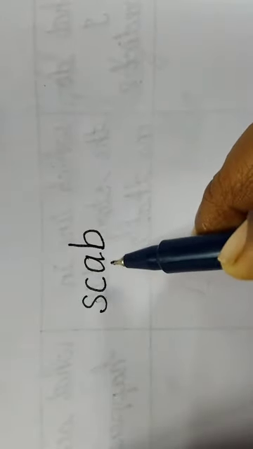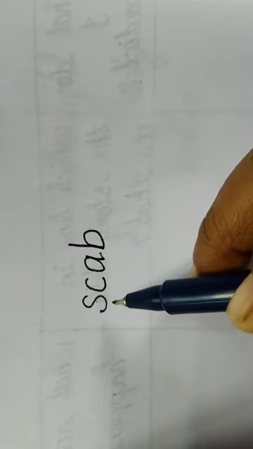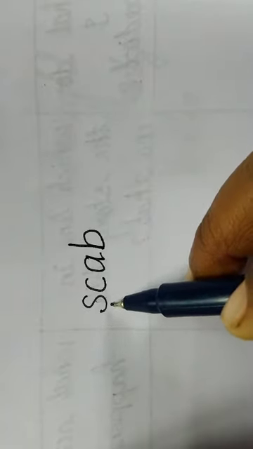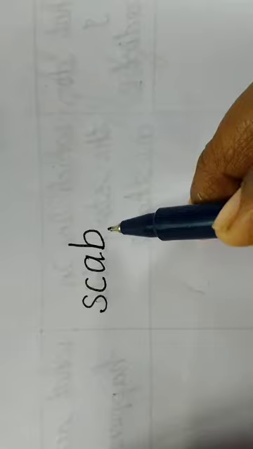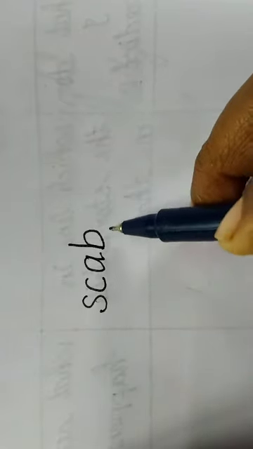Sk. A. B. Scab. Say along with me. Sk. A. B. Scab. Like this. Try to write one word in your notebook.